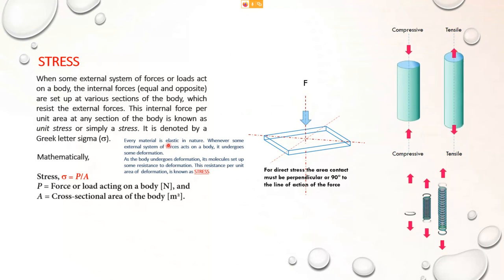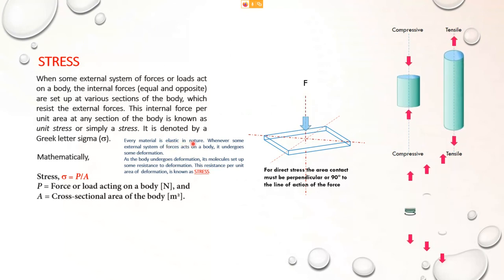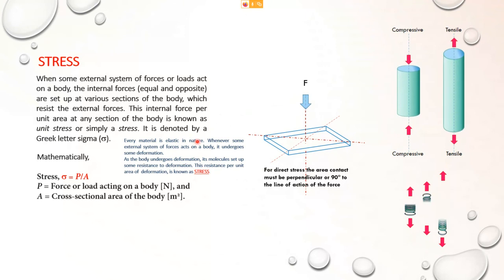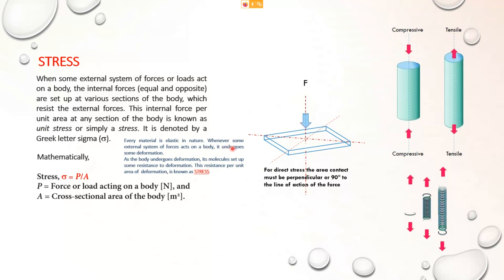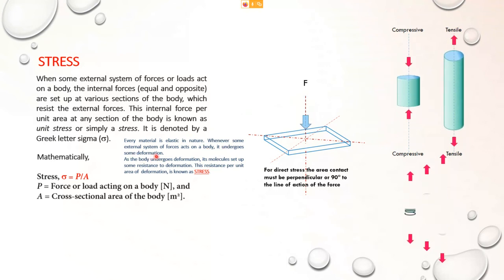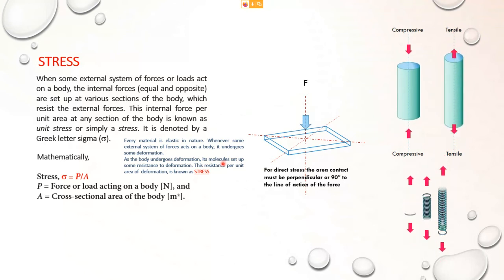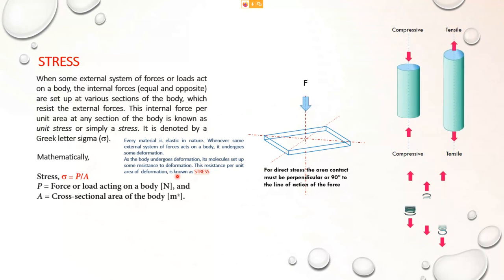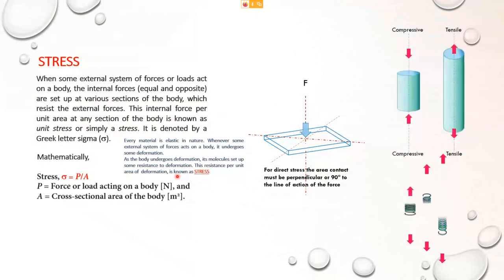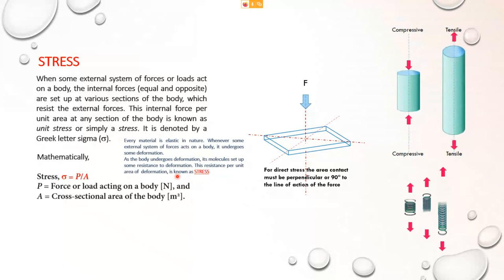Now, every material is elastic in nature. So whenever some external system of forces acts on a body, it will undergo a certain amount of deformation. As the body undergoes deformation, its molecules or particles within the object set up some resistance towards deformation, because the object is in a regular shape or form.